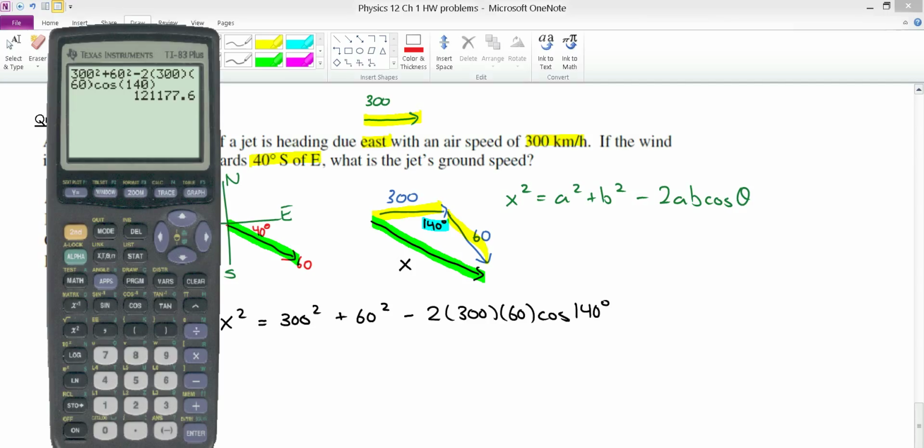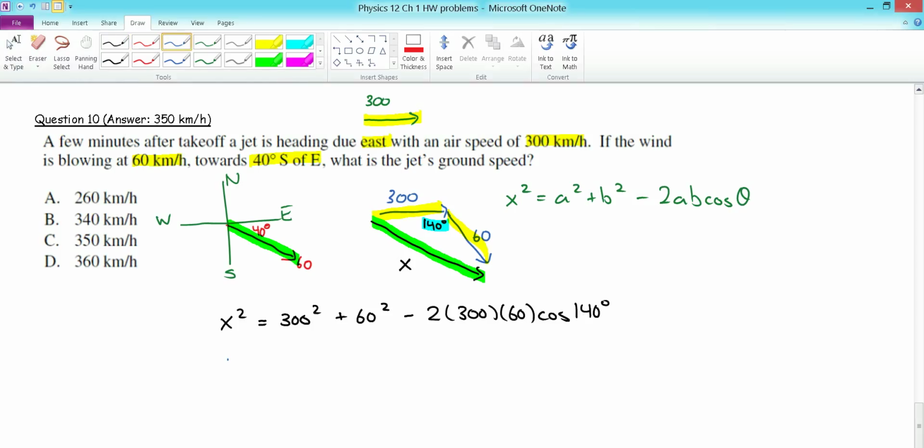And then I take the square root of that, and I get 348.105. All right, so let's put that in. So if I solve for x here, I would get 348.105. All right, and that's very close to option, I guess option C. And don't forget our units, kilometers an hour.